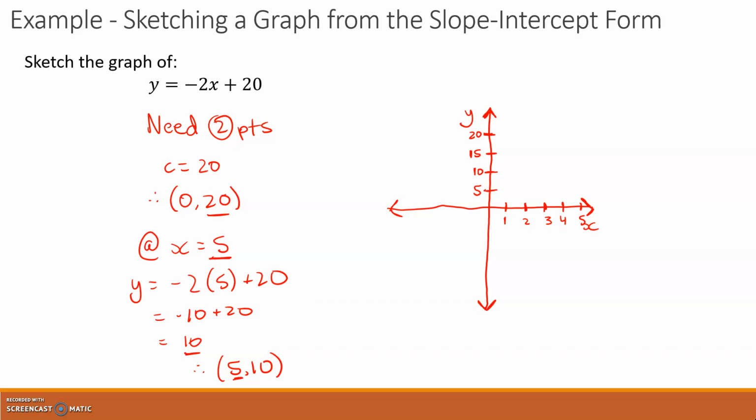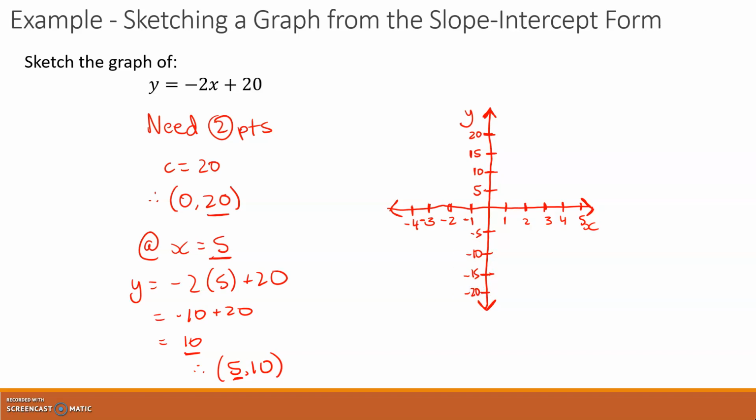So I don't really need to worry about labeling these negative parts right now. But if I did, I'd need to keep the same scale. So I'll just demonstrate that really quickly for you. So I'm keeping the same scale, but this is negative 1, negative 2, negative 3, and negative 4. This is negative 5, negative 10, negative 15, and negative 20.